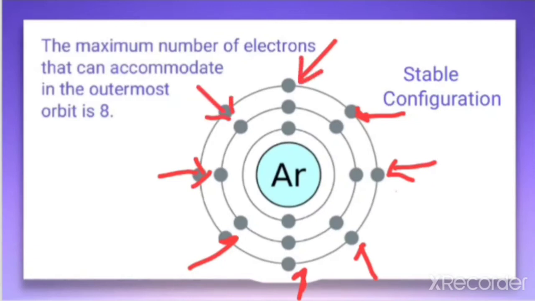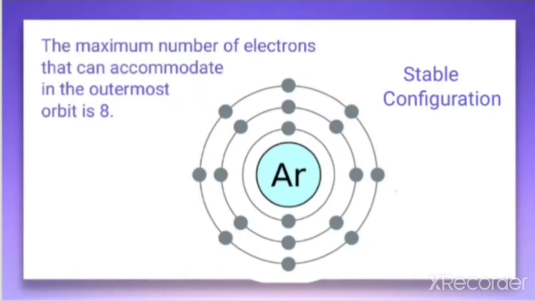So we can say it has a stable configuration, and that type of atoms are stable in nature. That's why we can find argon in nature in the stable form.